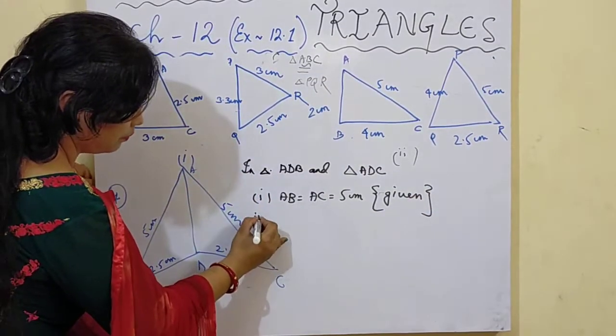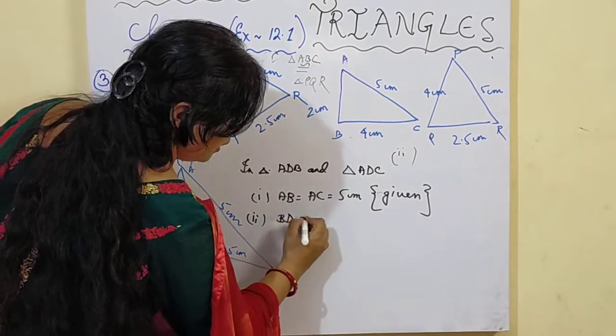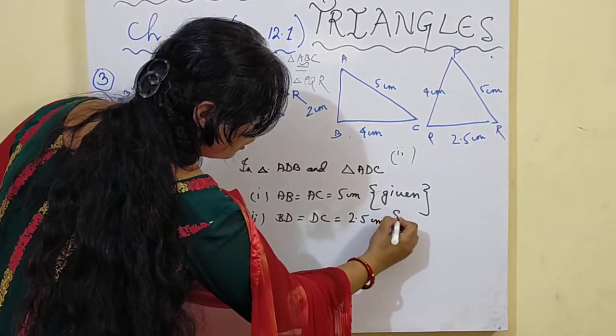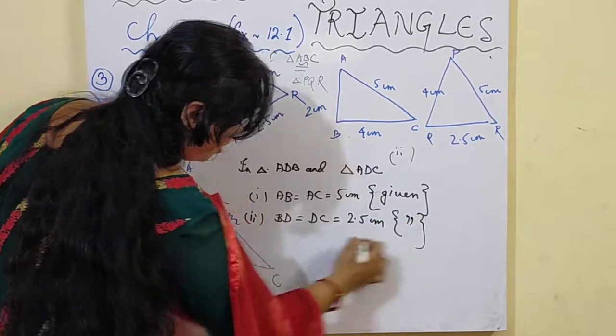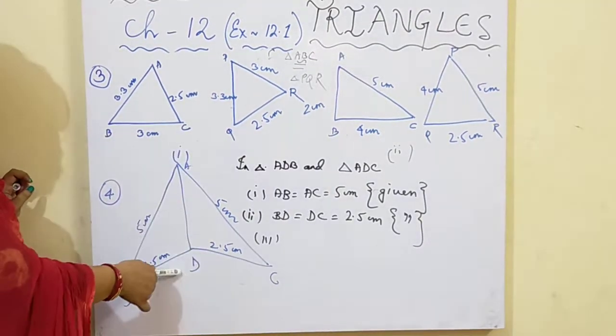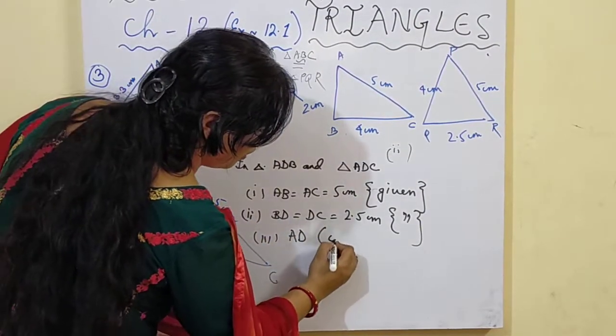Number 2, BD is equal to DC, that is equal to 2.5 centimeter, that is also given. And number 3, you can see, children, that AD side is common to both the triangles. So you will write AD common.